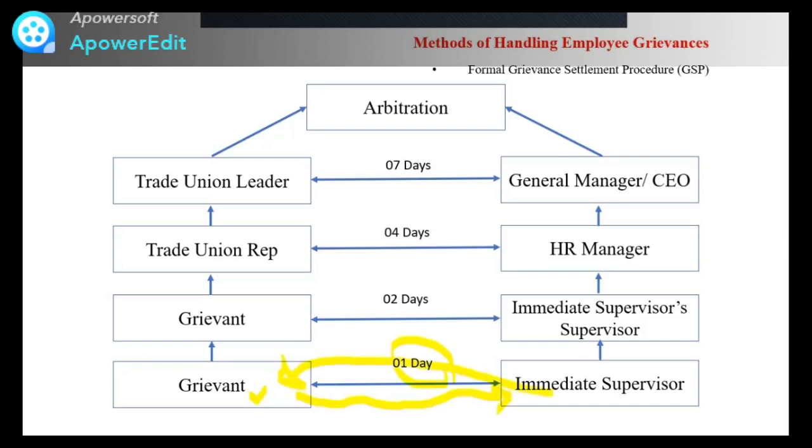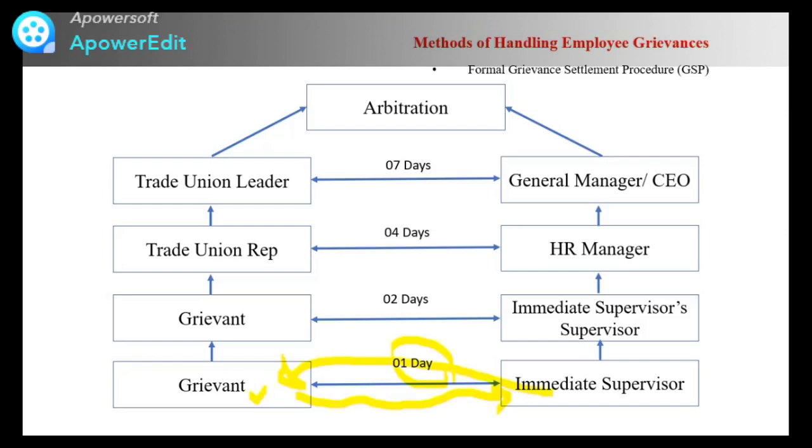If the solution is satisfactory, then the grievance is solved. So at the initial stage we can control the employee grievance, because within 1 day the immediate supervisor has to propose a solution.